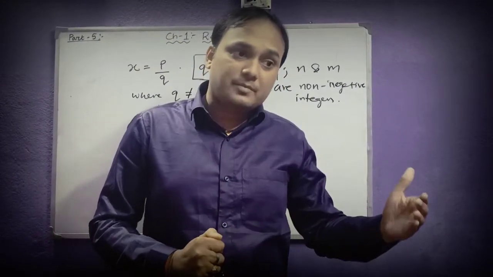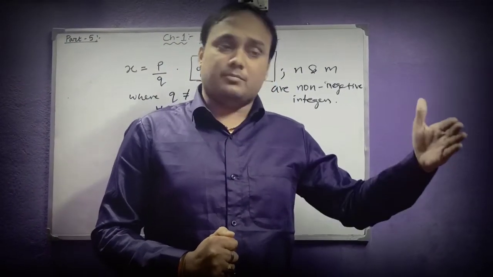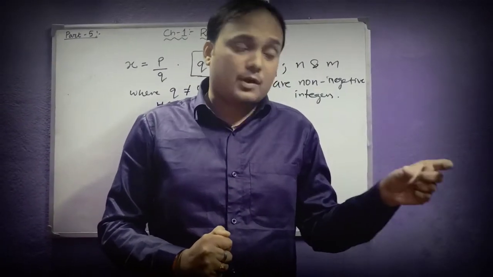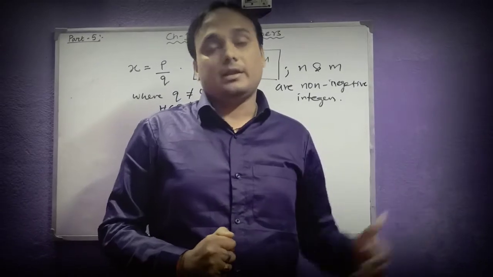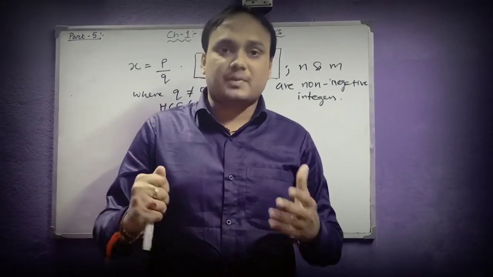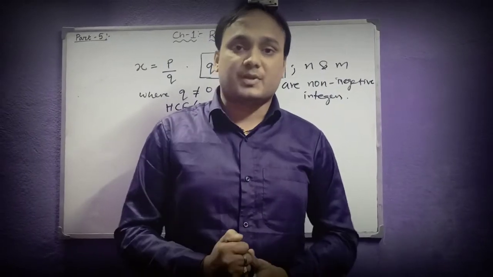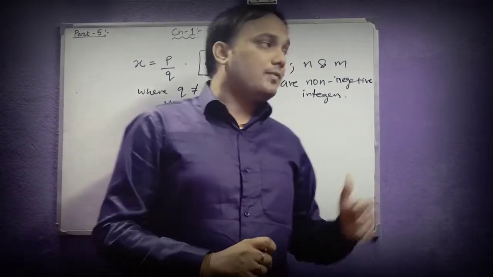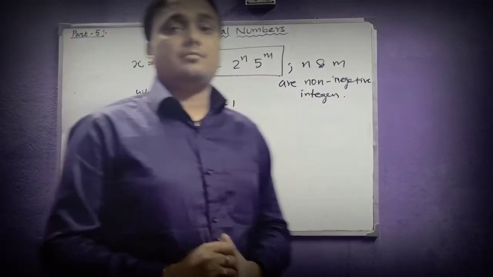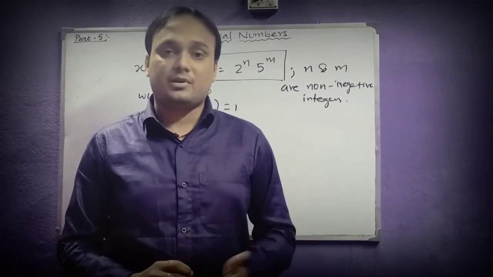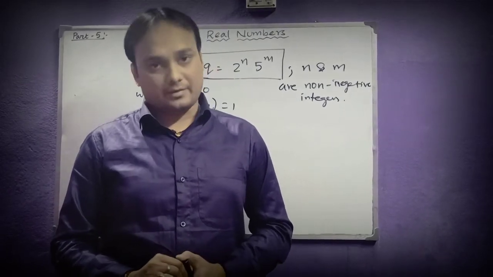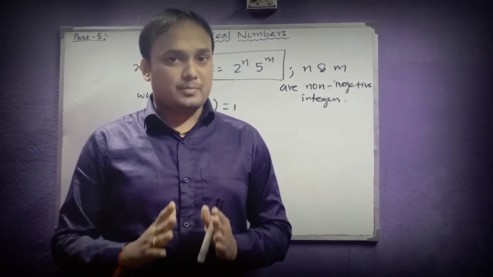Recurring means the decimal expansion is not ending at a point, but a few of the digits are repeating again and again. Then that decimal expansion can also be the decimal expansion of a rational number. So if we cannot express it in this form, it will be a rational number with decimal expansion as non-terminating and recurring. So this was the main logic.